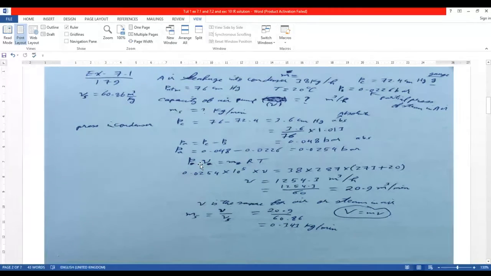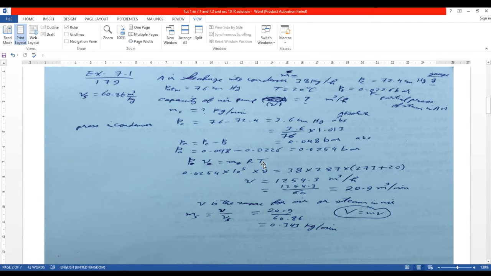Now the equation PA V dot A equal M dot A RT. R is the gas constant for air, which is 287, a constant, 287 joule per kilogram degrees Kelvin.